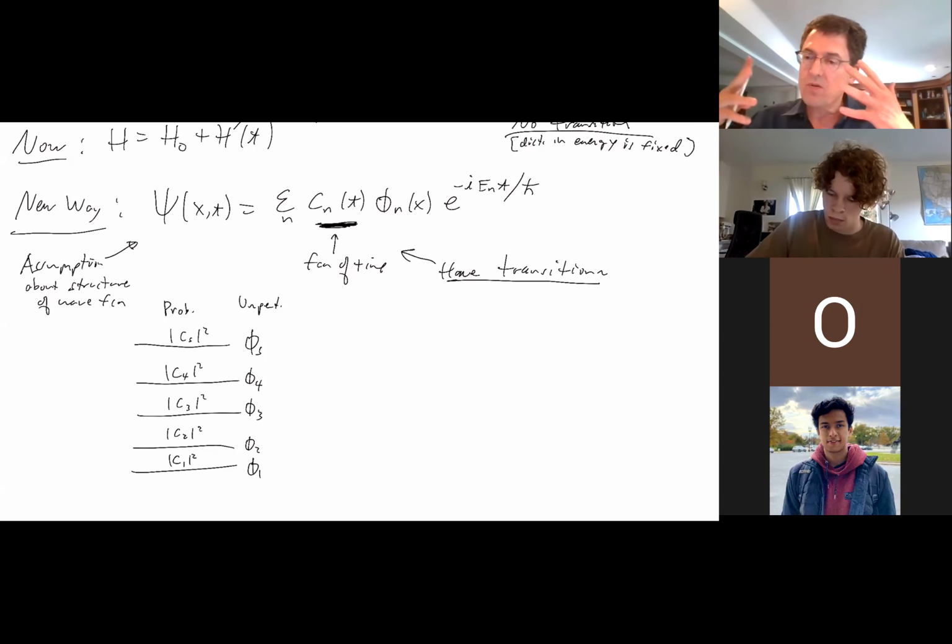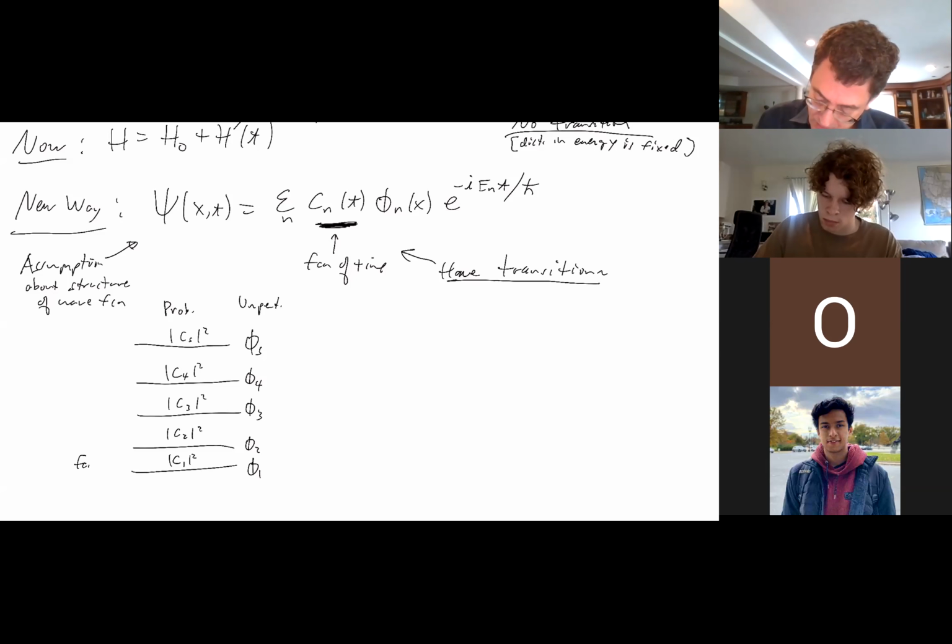And so even though the particle could have a probability to be in different states, those probabilities never changed in time. And so that means that there were no transitions previously. But now what we have is that these are functions of time.